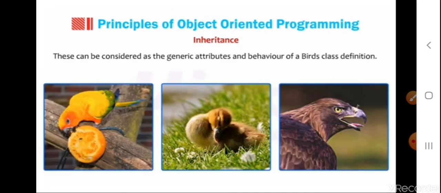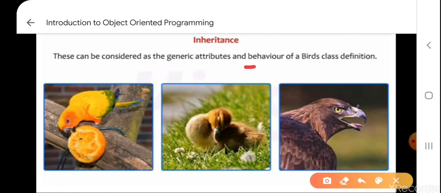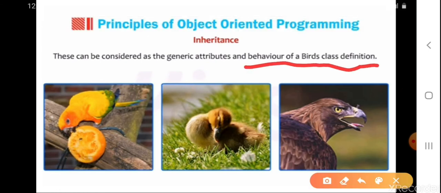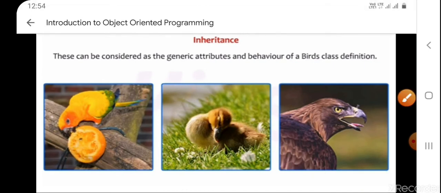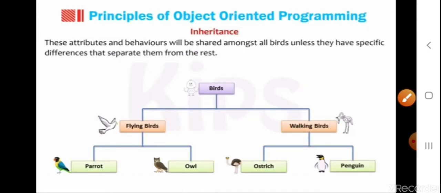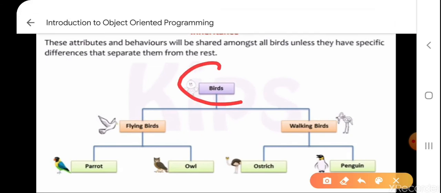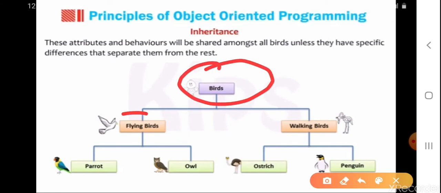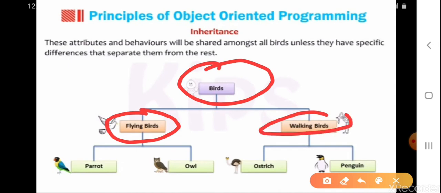Now, these can be considered as generic attributes and behavior of the bird class definition. These attributes and behaviors will be shared among all birds unless they have specific differences that separate them from the rest. For example, in the bird class there are two types: flying birds and walking birds.